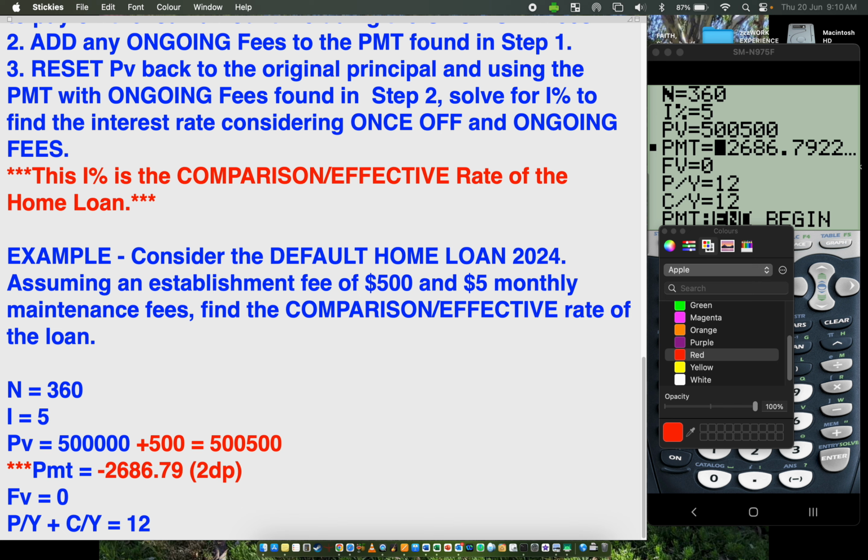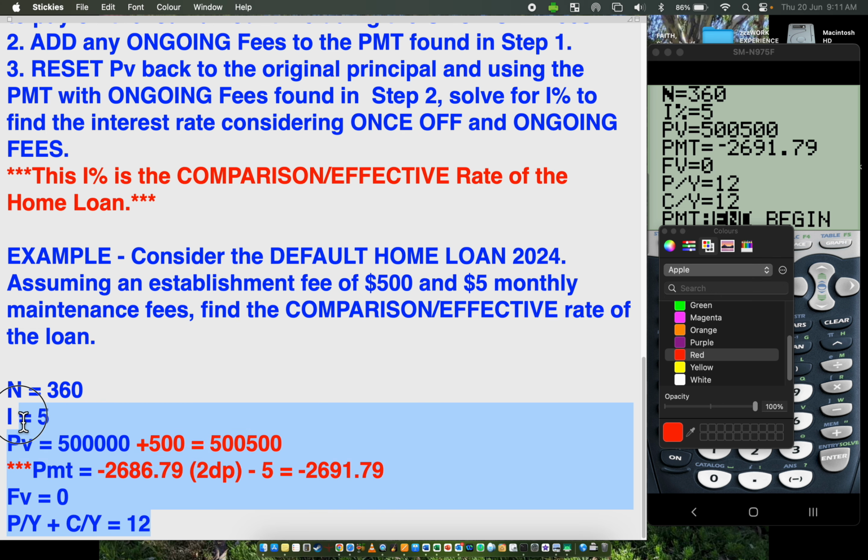So you take 5 away from negative 2686.79, so the payments now are negative $2,691.79. Okay? Has that now accounted for the $5 extra every month? And has that accounted for the extra $500? Good.